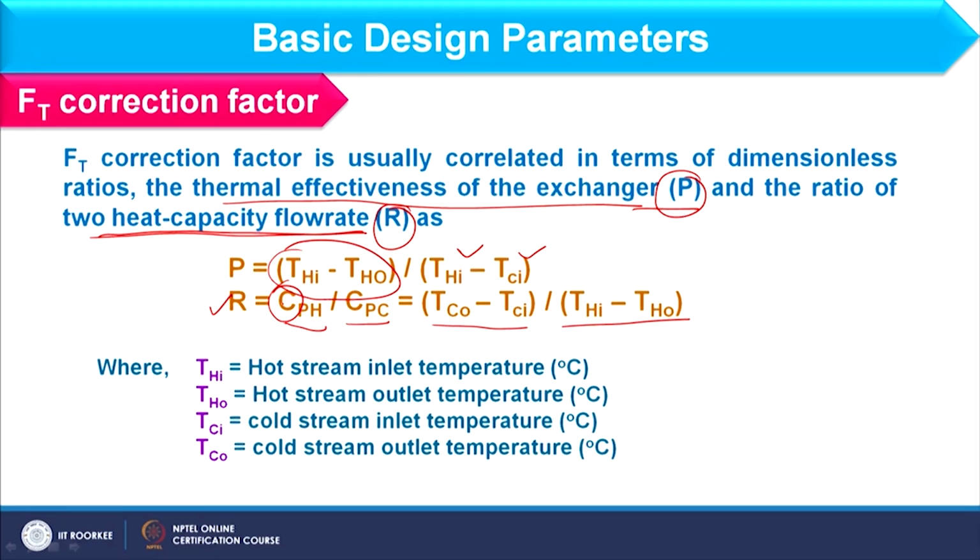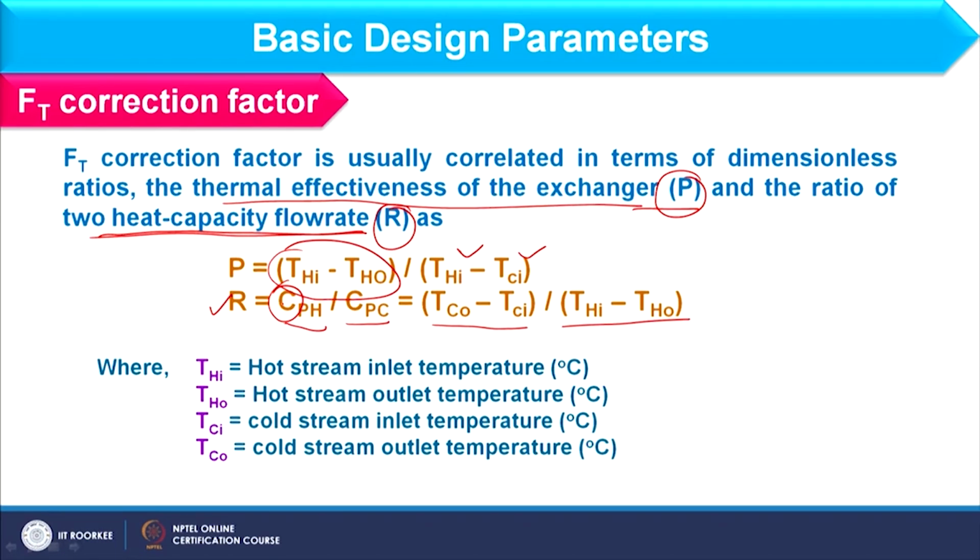So, whatever is the numerator of P, the same would be the denominator of R; that would be the proper combination. In some books you can find different terms of P and R, like TCO minus TCI divided by THI minus TCI, but in that case R would be CpC by Cph. I am repeating this because you have to keep in mind that this is not the only correct expression; other expressions are also there, but they should be used in combination, and I have already explained what the combination is.